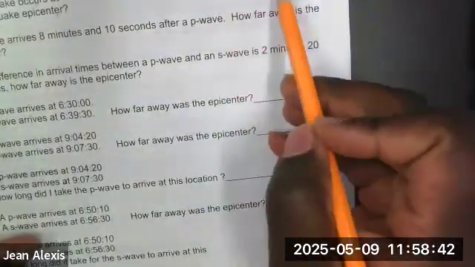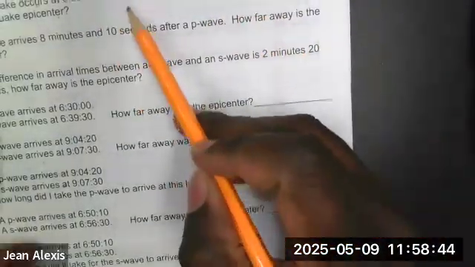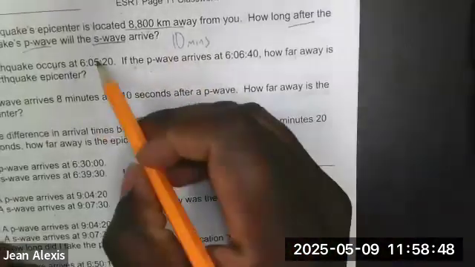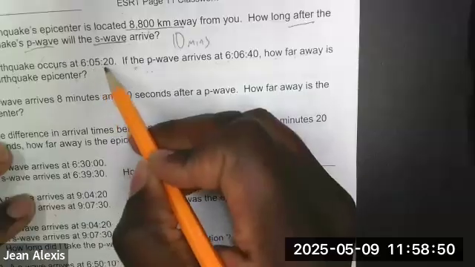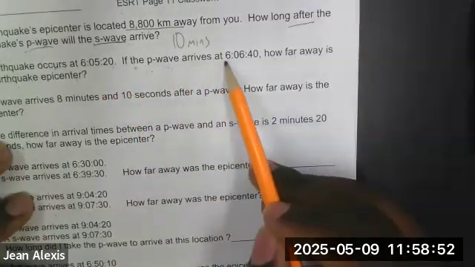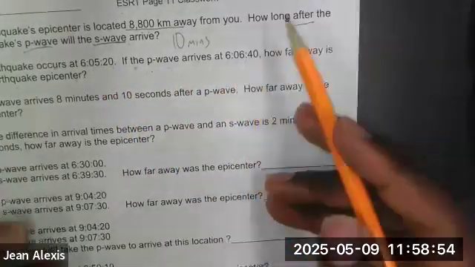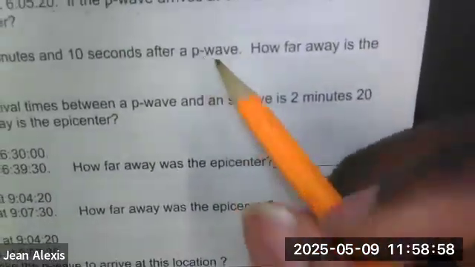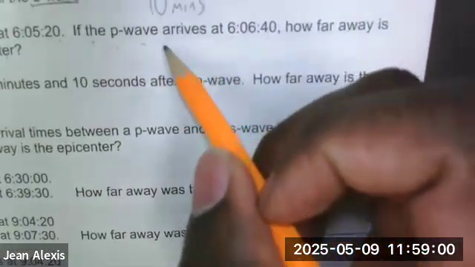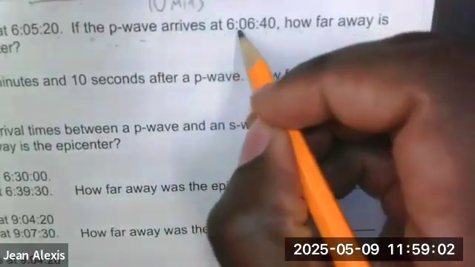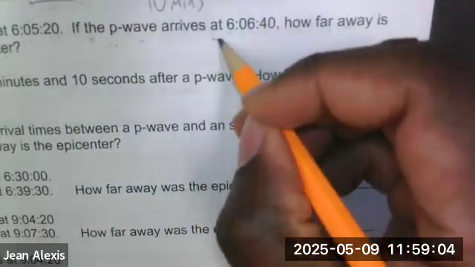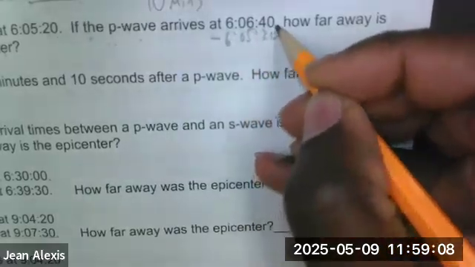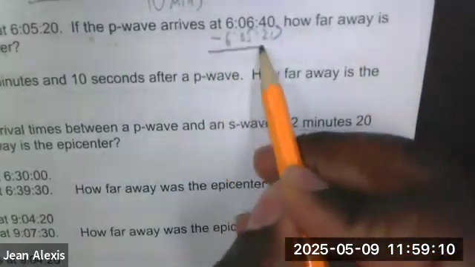So I first need to find out how long it took for the P wave to travel. If the earthquake happened at 6:05 and 20 and the P wave arrived at 6:06 and 40, I'm going to subtract: 6:06 and 40 minus 6:05 and 20.